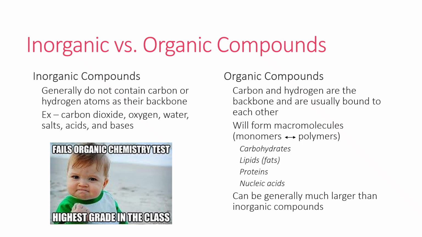For almost all of these, a few of them we don't have real clean ones, I'm going to ask you what the monomers and the polymers are of each of these large organic compounds. The big macromolecules we have are carbohydrates, lipids, proteins, and nucleic acids.